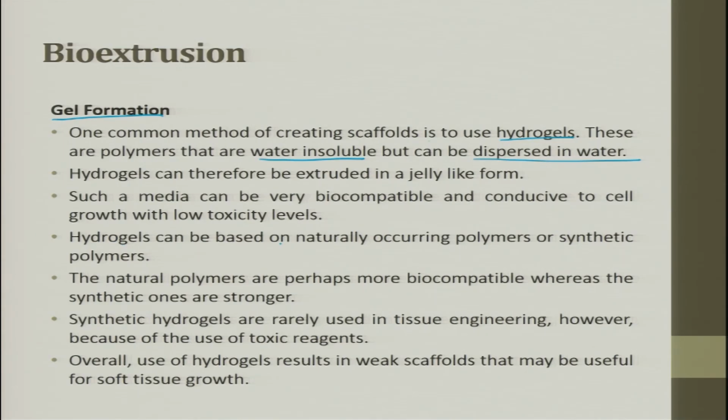Hydrogels can be based on naturally occurring polymers or synthetic polymers. The natural polymers are perhaps more biocompatible, whereas the synthetic ones are stronger. So, you see natural polymer and synthetic polymer. Natural is soft and biodegradable easily.